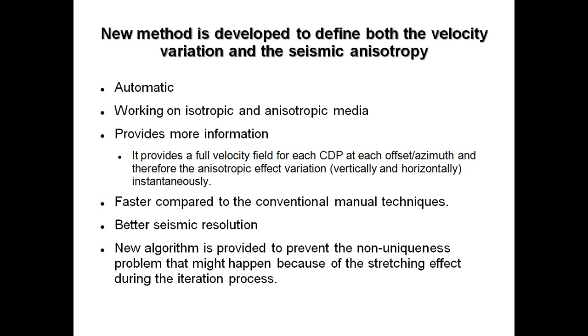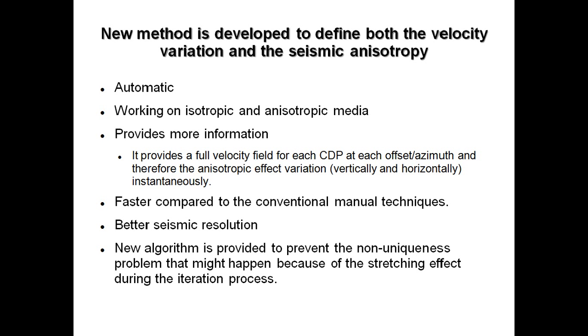If we speak about the conventional method, we can mention semblance analysis. It can be picked automatically, but in the anisotropic case, you also need to pick the anisotropic parameters. So it will be time consuming if you would like to pick the NMO, then pick the anisotropic parameters, and then correct your CDP.